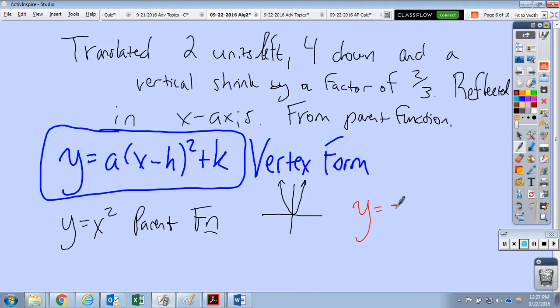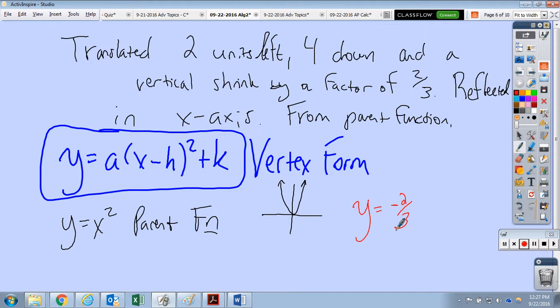Vertical stretch and compression. Is this being stretched or compressed? It says vertical shrink by a factor of 2/3, so compressed. So A would be negative 2/3.